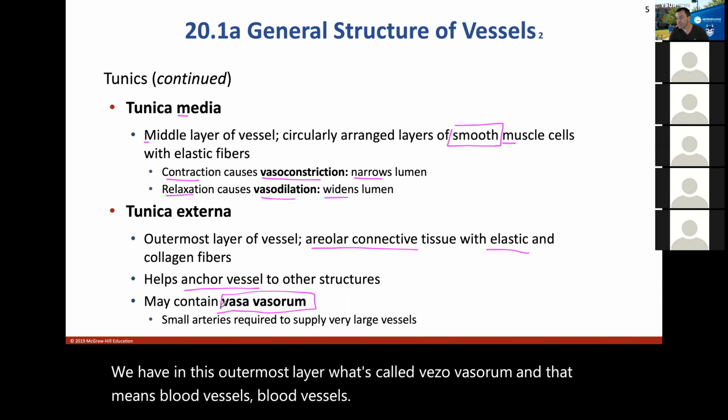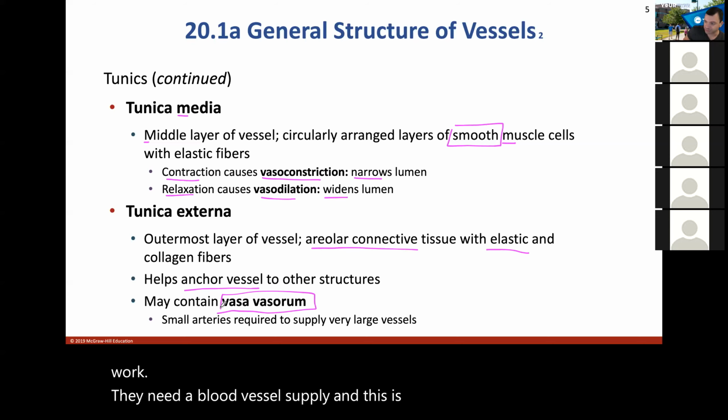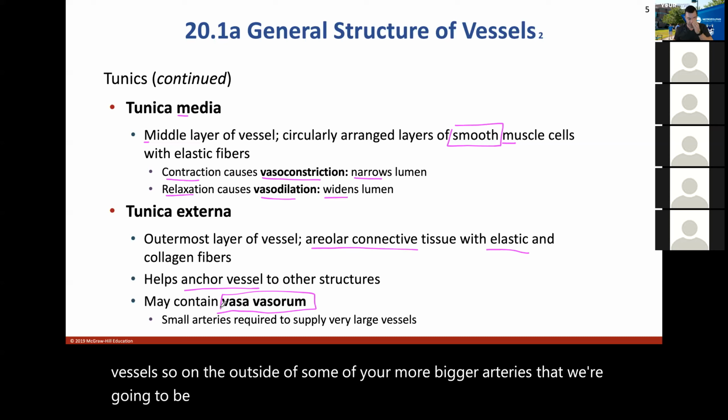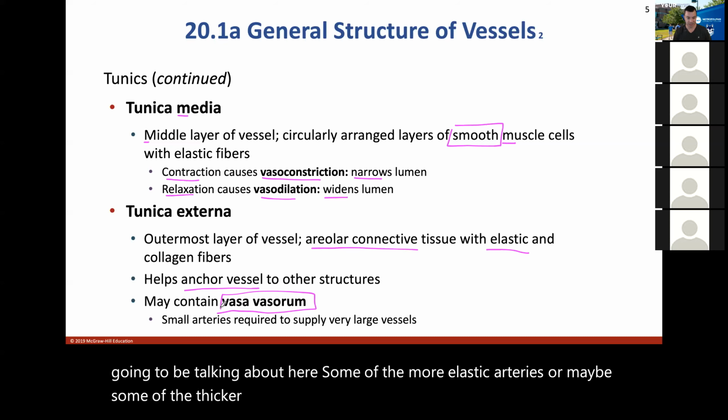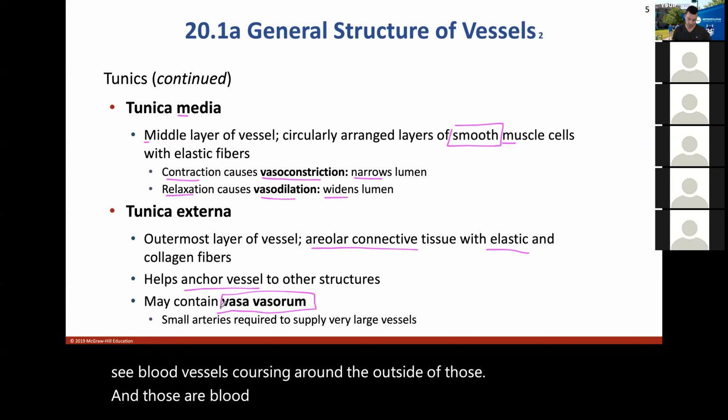Because some of the bigger arteries are way too big for simple diffusion to work, they need a blood vessel supply. So on the outside of some of the more elastic arteries, or maybe some of the thicker muscular arteries, you'll see blood vessels coursing around the outside of those. And those are the vasa vasorum.